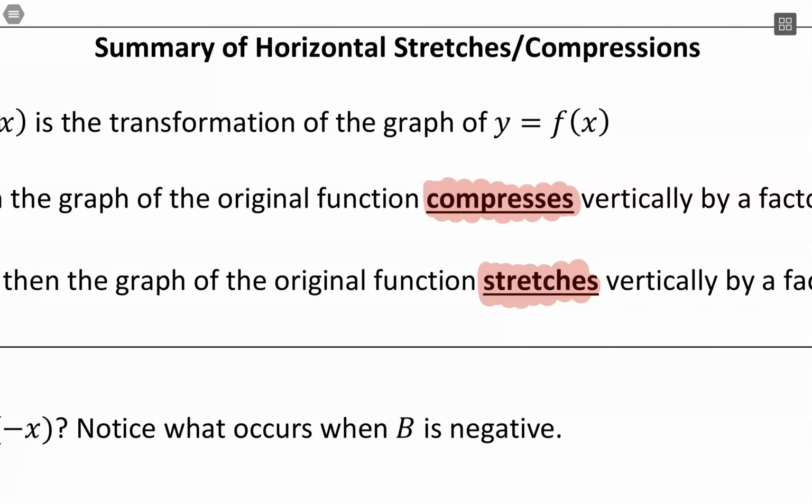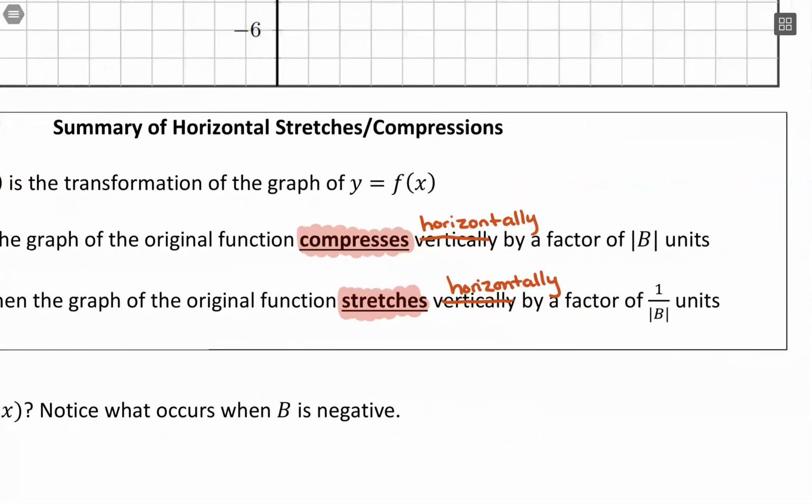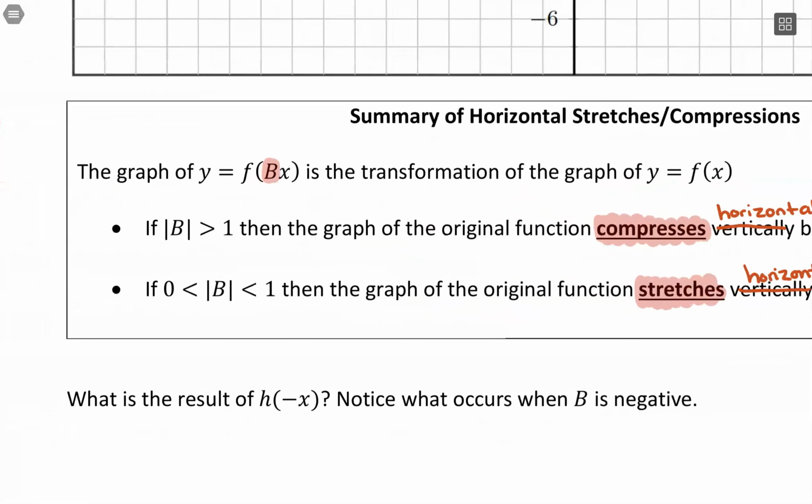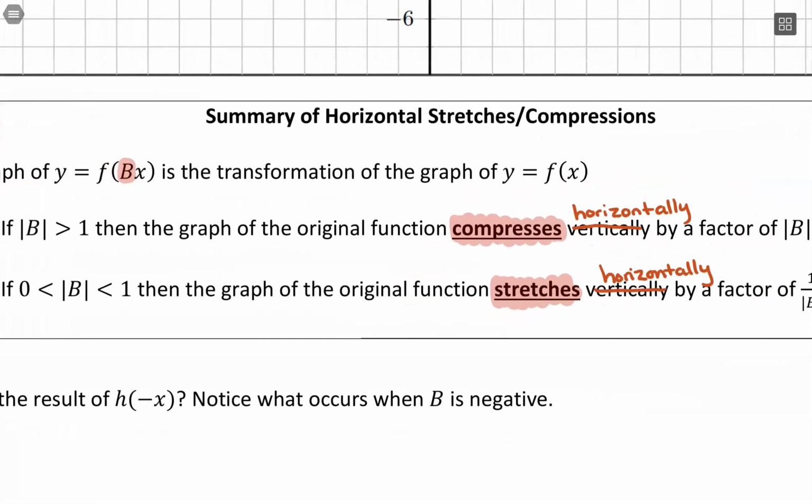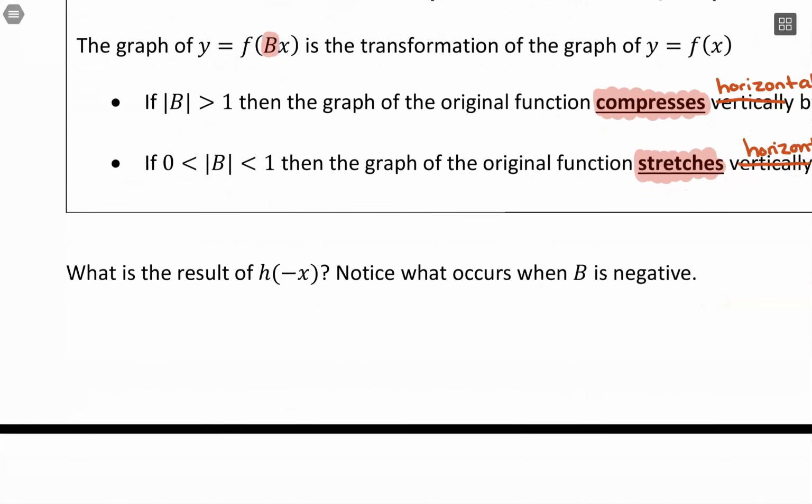And that says vertically, which is incorrect. I'll change the notes for that. That should be horizontally. All right, by a factor of that value of b. And you can just kind of think of the reciprocal of it. So we'll get some practice with those.